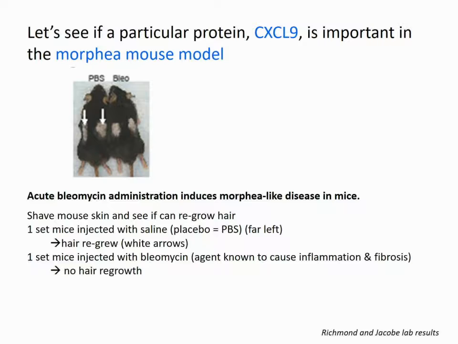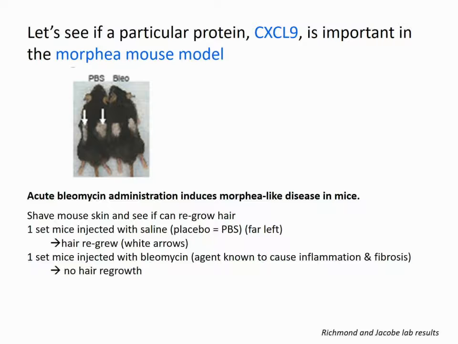They shave the mouse, inject saline in one and bleomycin in the other. The saline one, you'd expect the hair to grow back, and it did. Sorry this didn't project, but the hair grew back. But the hair did not grow back in the one with bleomycin, just showing that this is a good mouse model. The bleomycin caused the fibrosis, okay?